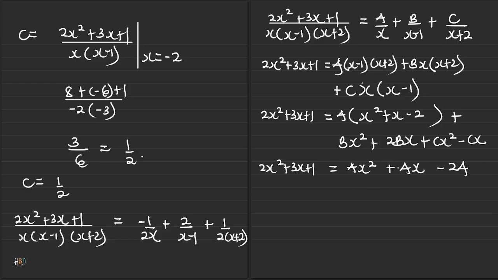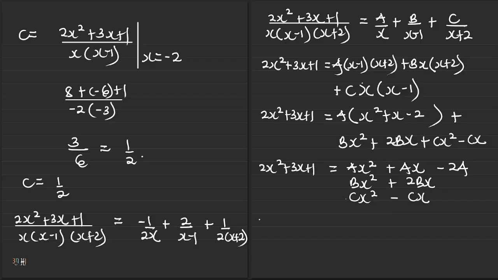Then for that of b, let's arrange them nicely under their corresponding variables. So we have our bx squared, then plus 2bx. B has no constant. Then we go to the c. So plus cx squared, then minus cx.